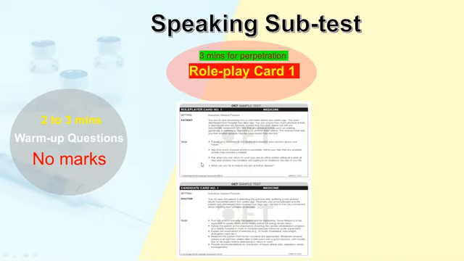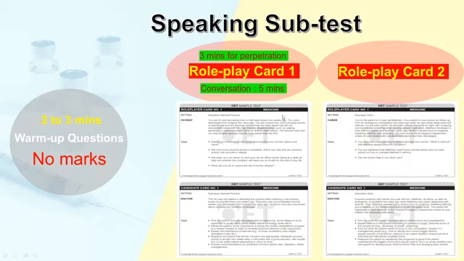Once you receive this card, you will have 3 minutes for preparation, and after that, you will have 5 minutes for conversation with the OET interlocutor or OET representative. So the penalties and the marks will be in this part, 15 in the 5 minutes.